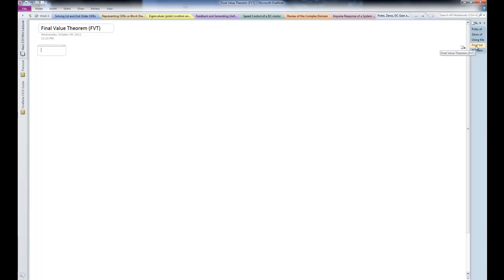All right, now we can look at the final value theorem, and the final value theorem says that the limit of any function of time, say y of t, as t goes to infinity. So I want to know what happens in the limit that time goes to infinity, hence the final value, is equal to the limit of s times the Laplace transformation of the function y of t, so y of s, as s goes to 0, if and only if the limit of y of t as t goes to infinity exists.